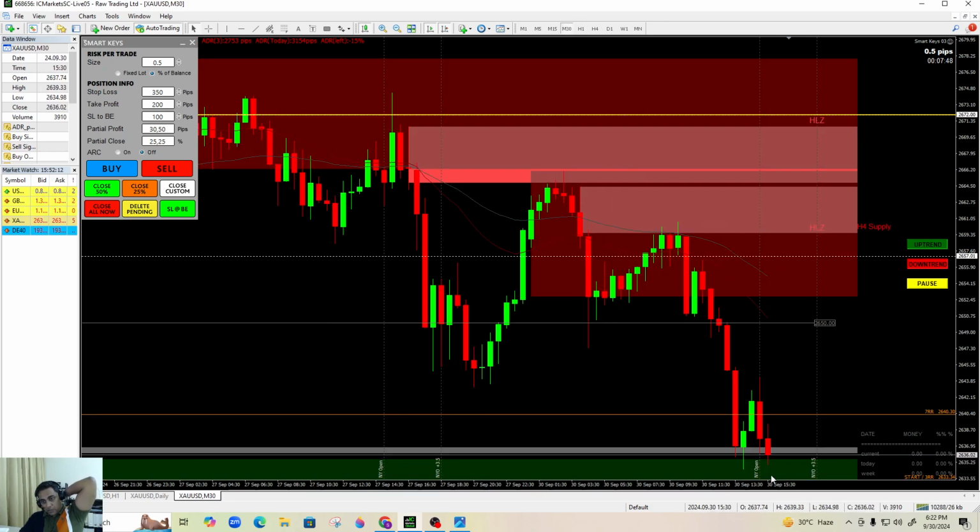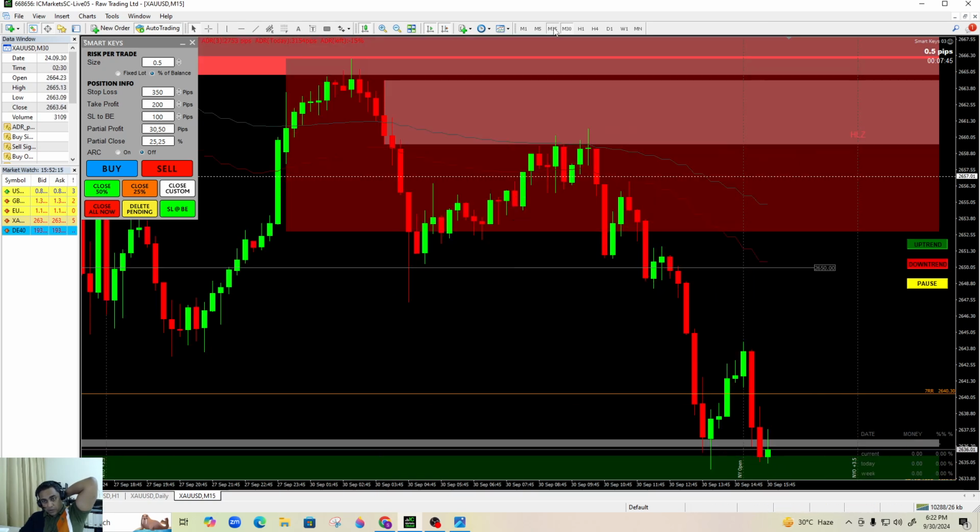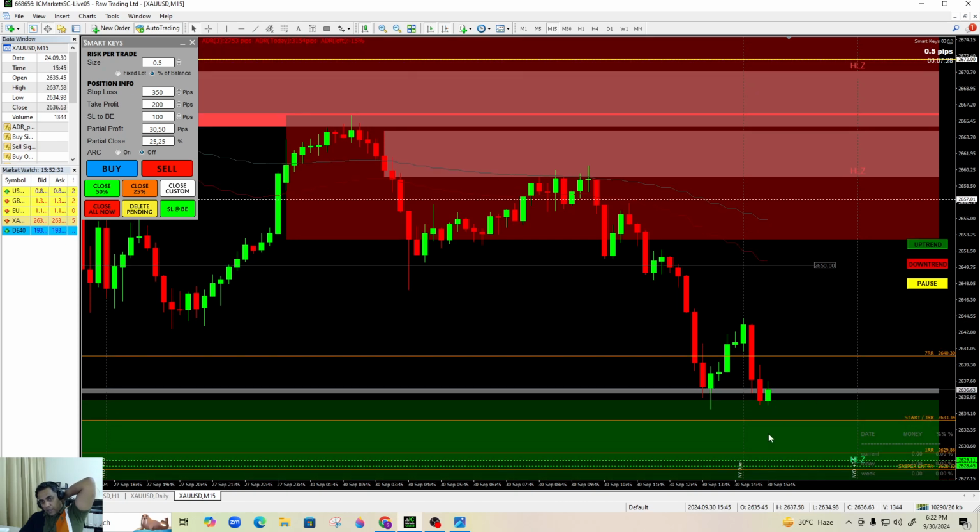Depending on where this candle closes, and if the next candle doesn't break the low, then we can look to see if we have an opportunity. But I believe that the next M15 candle is going to break this current M15 candle low. So we're going to wait.